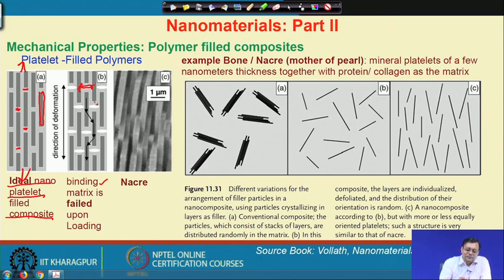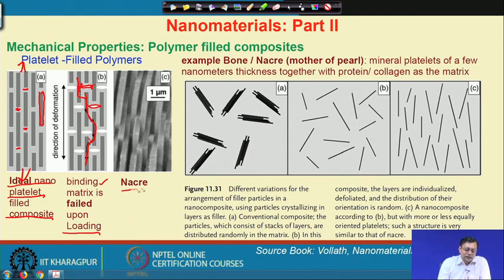So, here a failure has occurred inside the matrix, but it has been arrested by these two nearby particles. Load is still continuing through this path, because a good bonding still exists between the platelet and the matrix. The question is whether you can see such an example in real life.